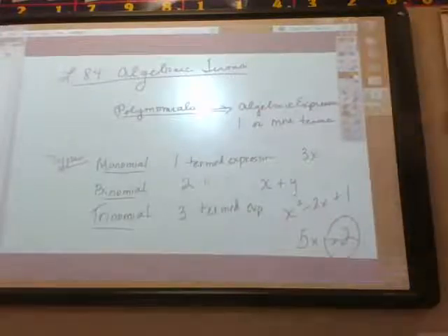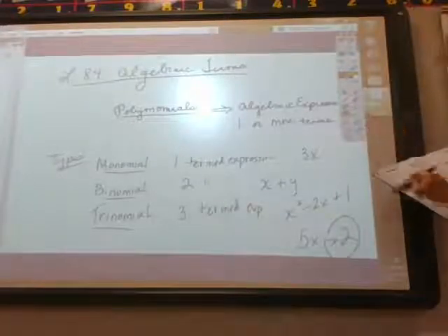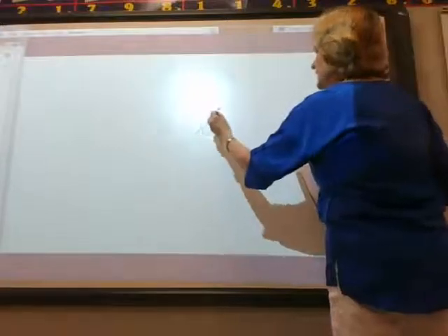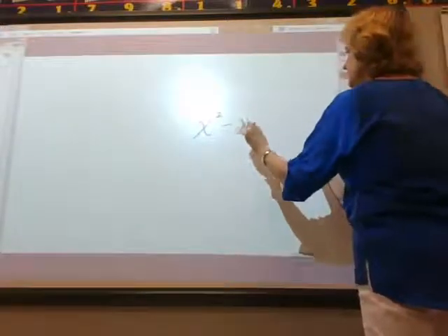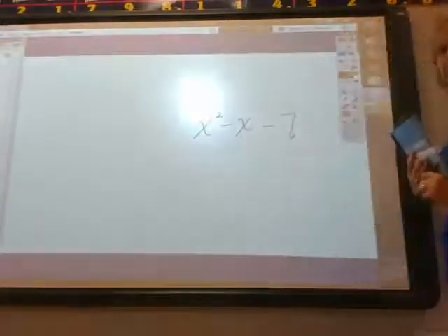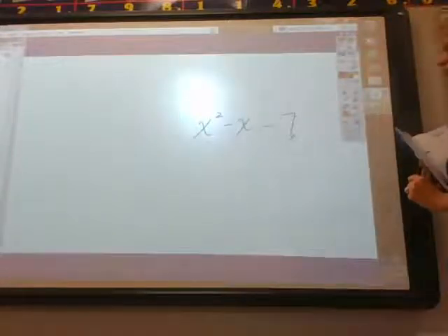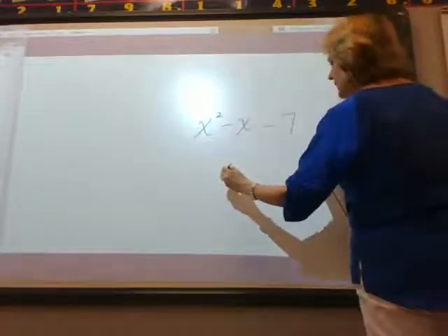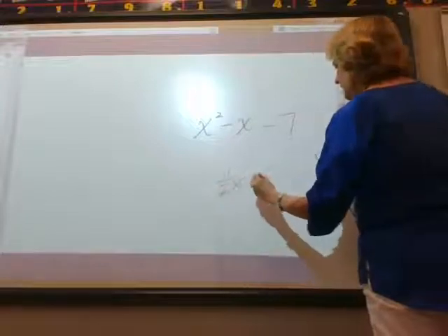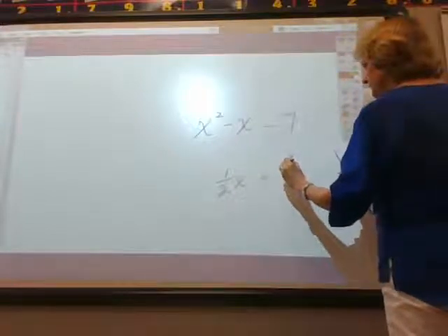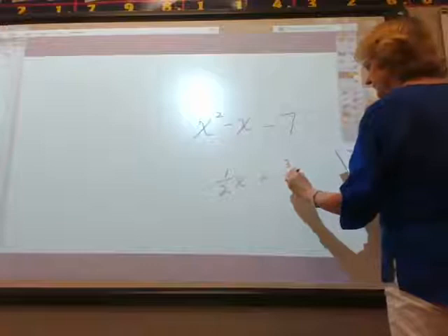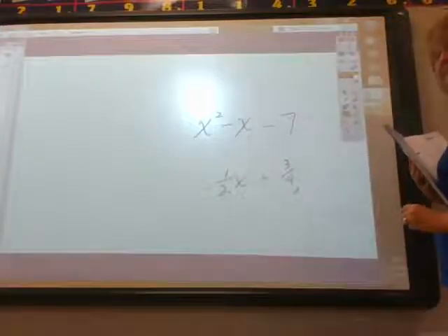All right, so what we're going to do first of all is determine whether things are monomials, binomials, trinomials. So let me just write up here. Okay, so what would this be? A trinomial. Very good. How about this? Binomial.